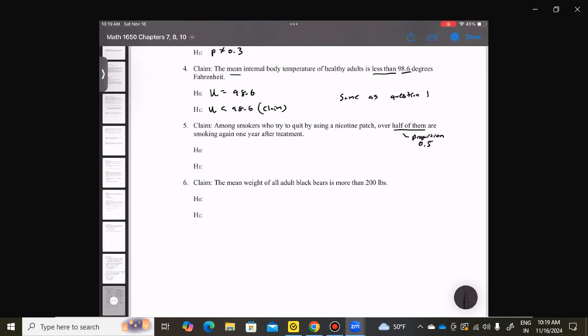Sometimes they don't include something that's definitely going to be a proportion or mean by saying it, but somewhere in the wording there's a hint to it. So here our null is proportion equals 0.5. The alternate is that proportion is greater than 0.5. So this is the claim. Right, so again, this is going to be same as question 1.